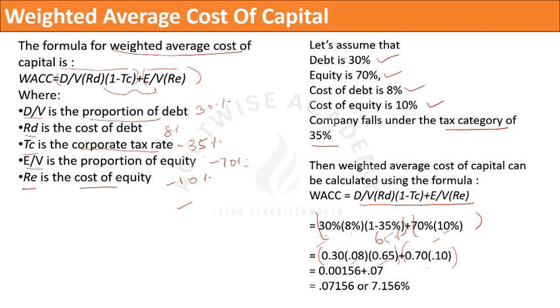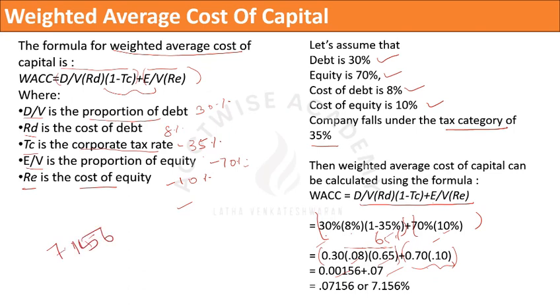So first this multiplied, what do you get? 0.3 into 0.08 into 0.65, you get 0.00156. This multiplied, you get 0.07. So when you add these two things together, you get 0.07156, or in percentage it is 7.156%.